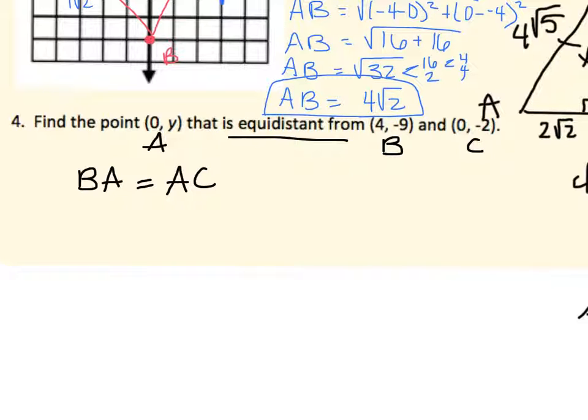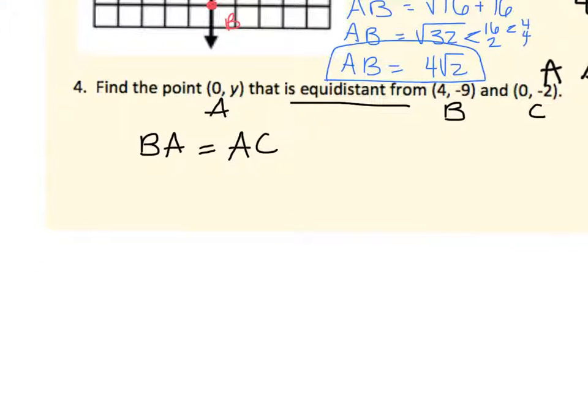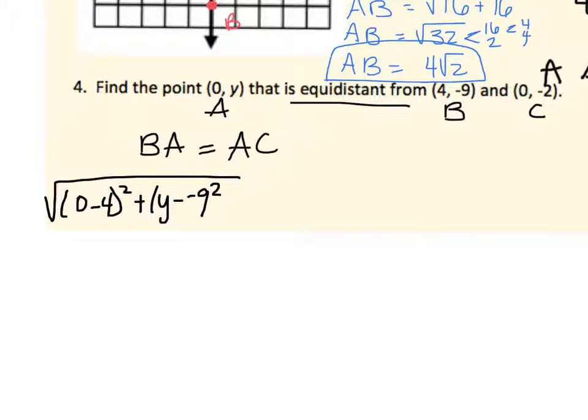This is where it gets a little tricky algebraically, but as long as you keep things neat and straight, you should be okay. Grab a piece of scratch paper if you need to when doing these problems, and then transfer your answer back onto your iPad. If I'm finding the distance between A and B, I'm going to take the square root of (0 minus 4) squared plus (y minus negative 9) squared.